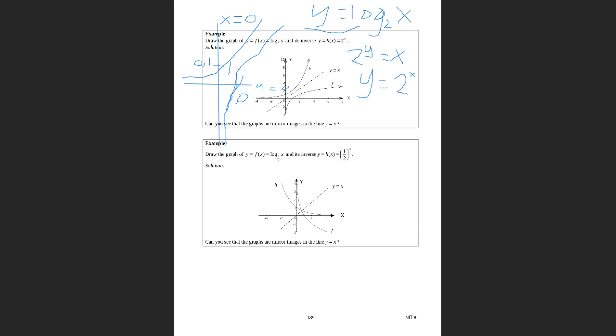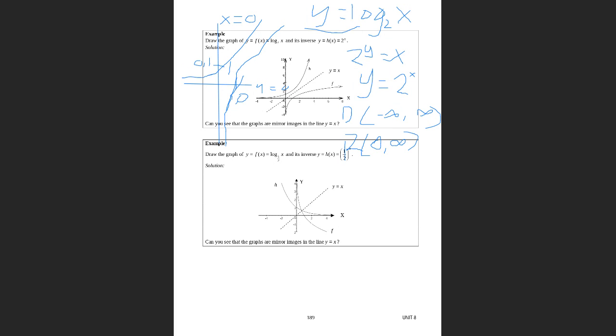For the original graph, you know that your domain, no matter the exponential function, is negative infinity to positive infinity. And because the number in front of the exponent is positive, your range is going to be from the asymptote, which is 0, to positive infinity.